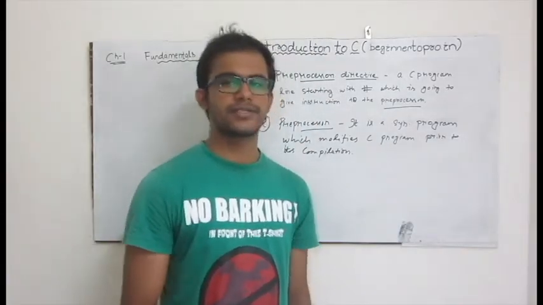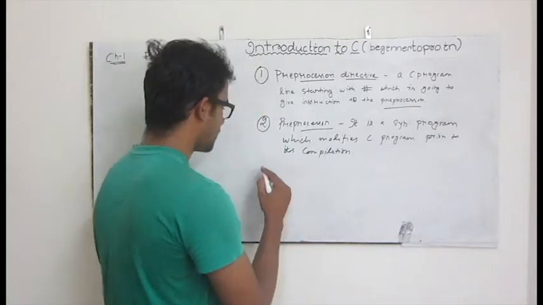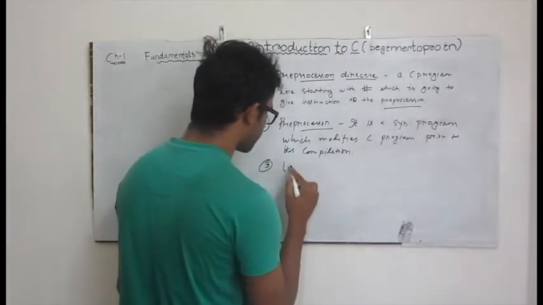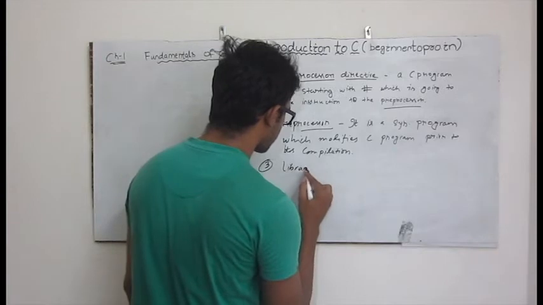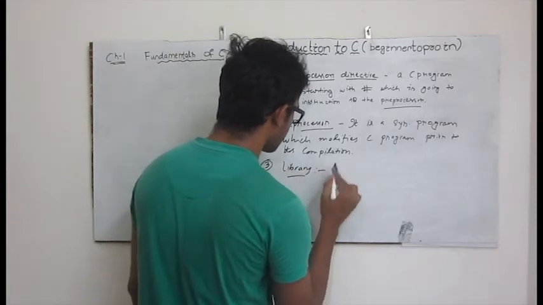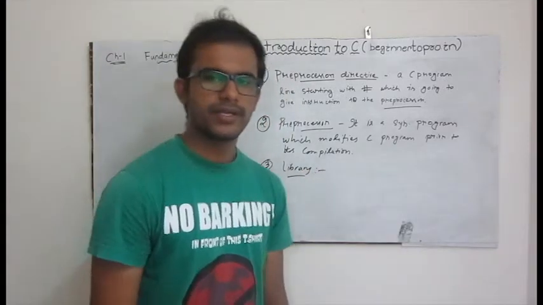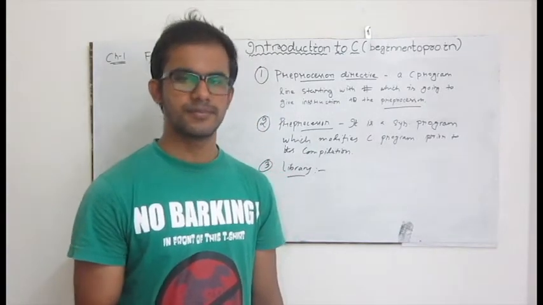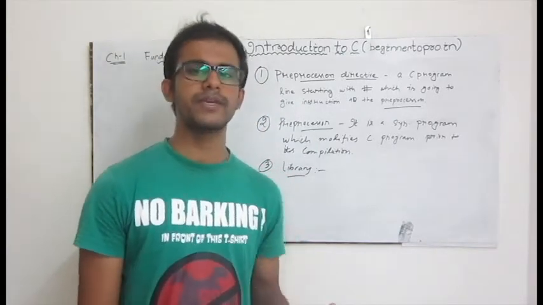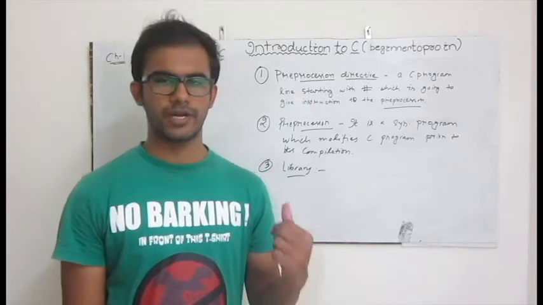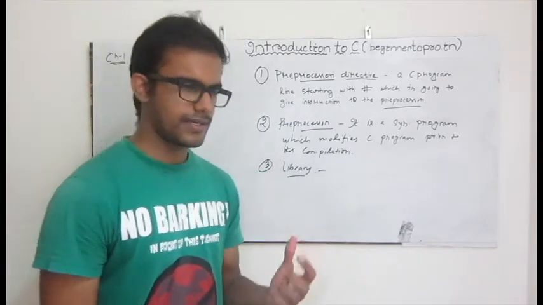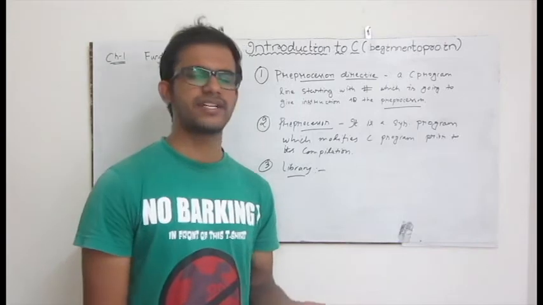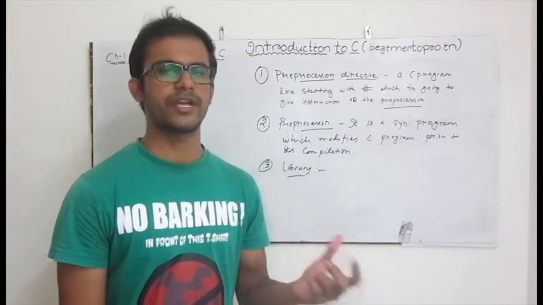Now our next topic is library. A library is a set of functions and symbols which may be accessed by a program. For example, stdio.h, string.h.